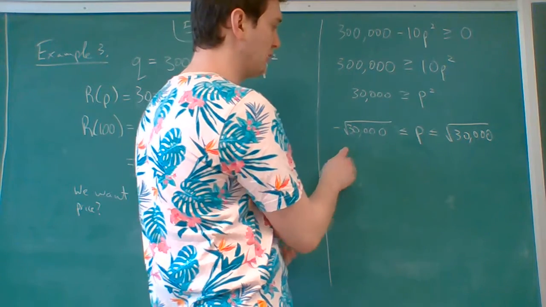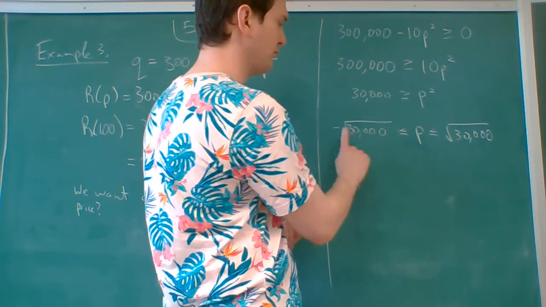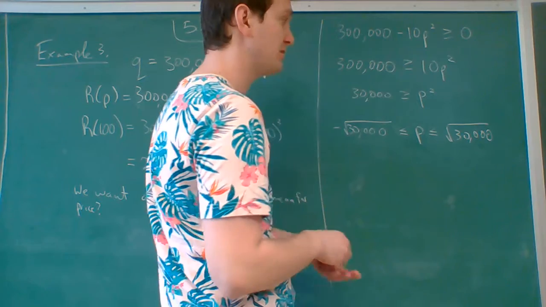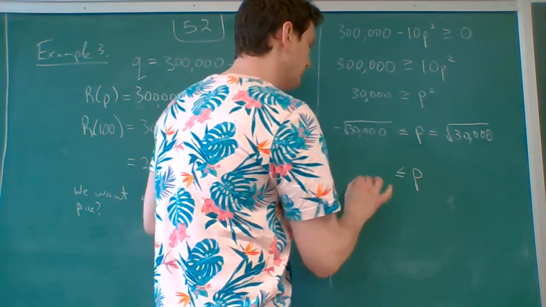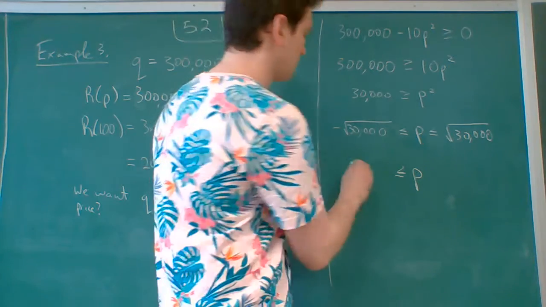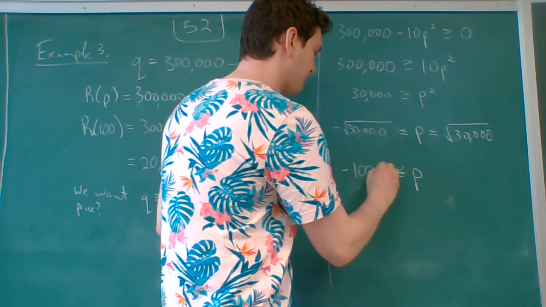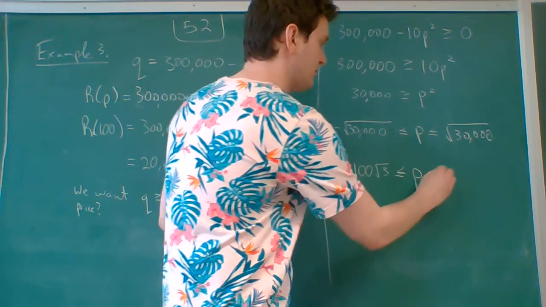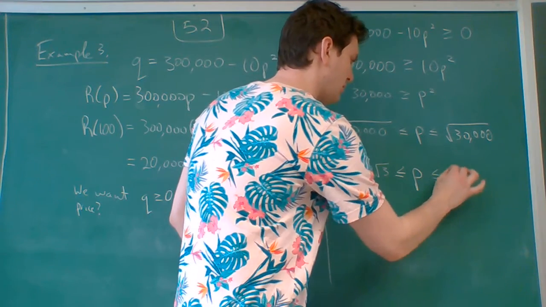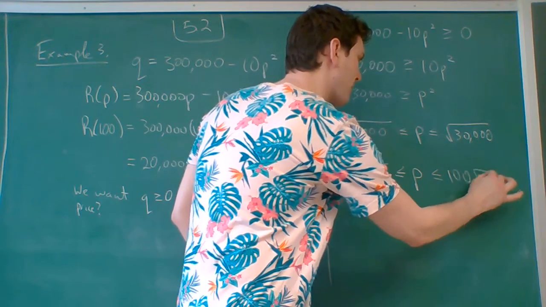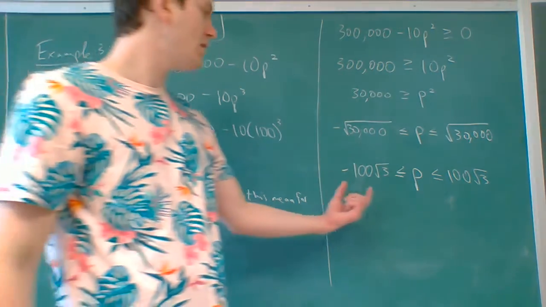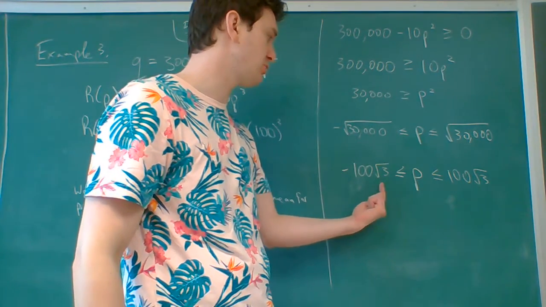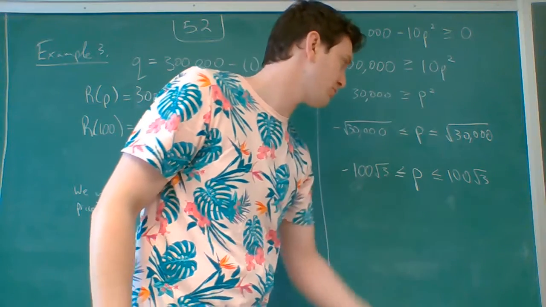So P has to be greater than negative square root of 300,000 and less than positive square root of 300,000. By the way, this simplifies to negative 100 square root of 3 and 100 square root of 3.